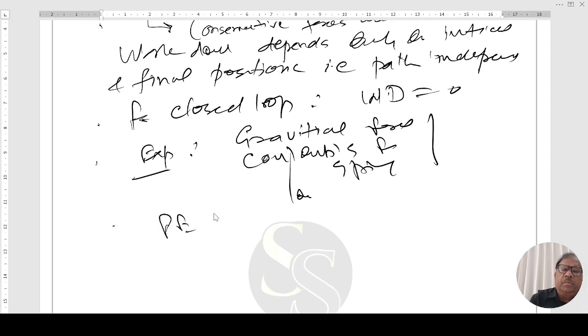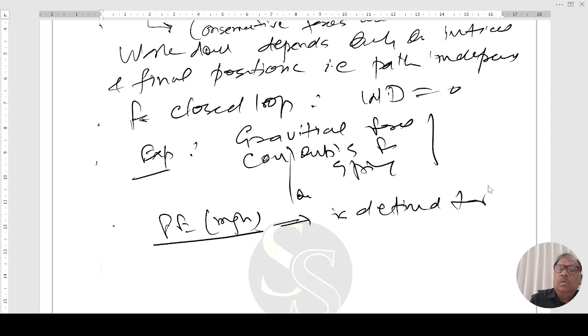Potential energy is mgh, due to its position, and is defined for conservative forces.